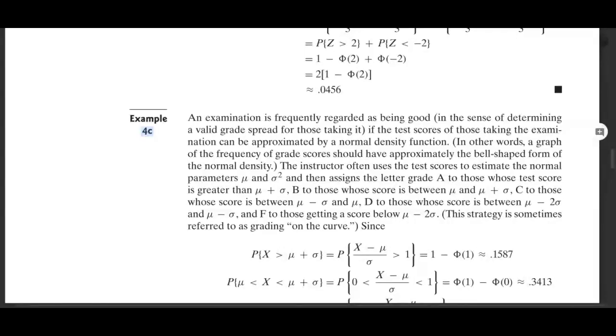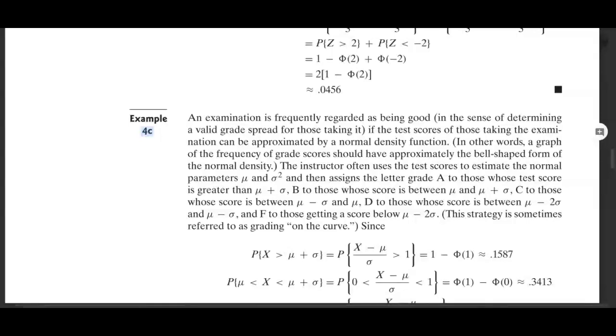The instructor often uses the test scores to estimate the normal parameters mu and sigma squared, and then assigns the letter grade A to those whose test scores are greater than mu plus sigma, B to those whose score is between mu and mu plus sigma, C to those whose score is between mu minus sigma and mu, D to those whose score is between mu minus 2 sigma and mu minus sigma, and F to those getting scores below mu minus 2 sigma. This strategy is sometimes referred to as grading on the curve.